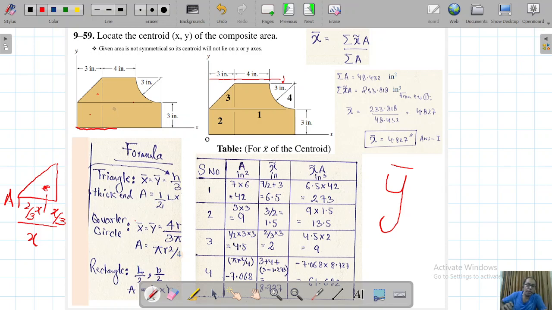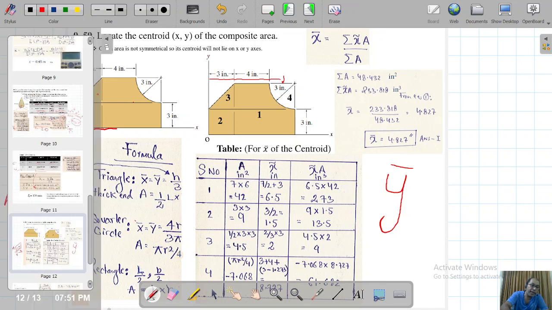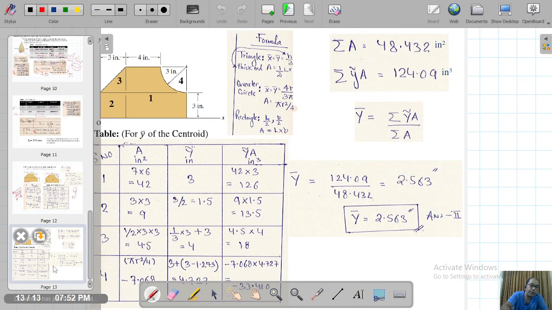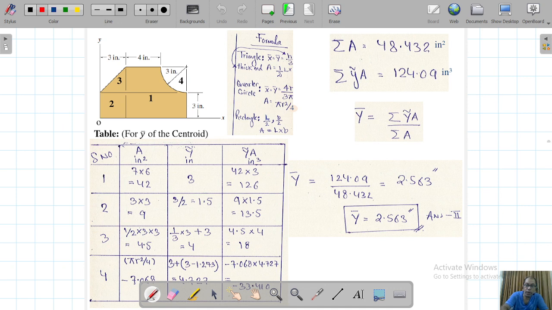For this, let's go to the next slide. I will be really quick in this because I have already explained the fundamentals to you. Again, you calculate the area previously calculated, 42 inches, from your origin.